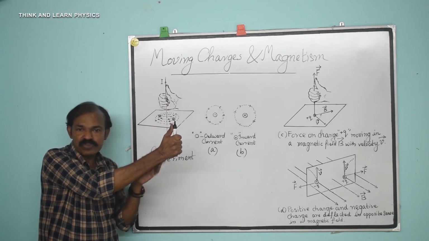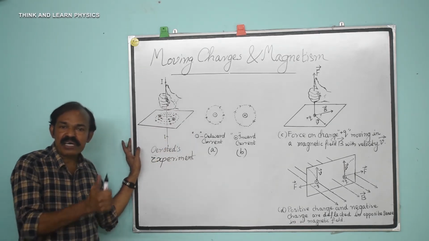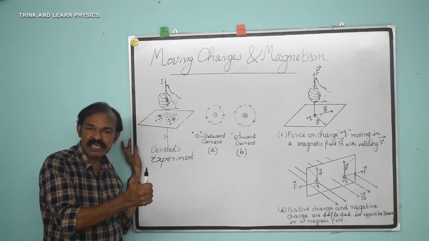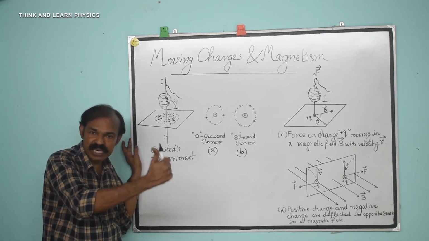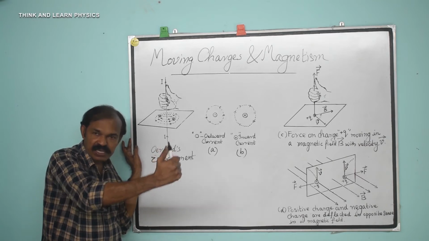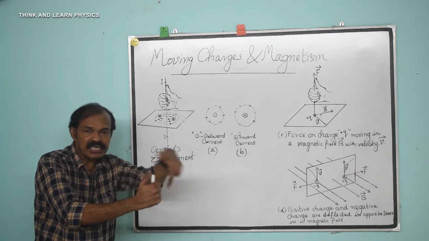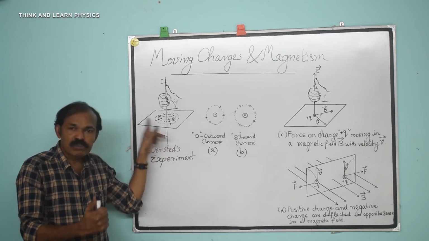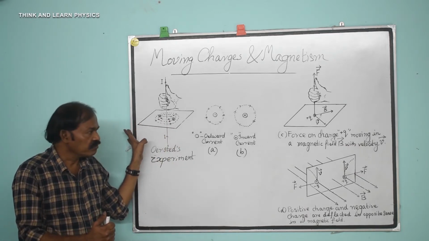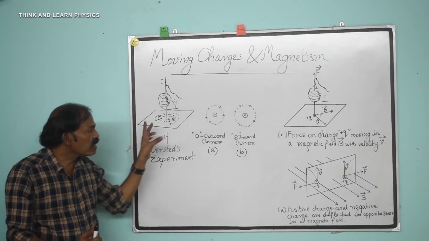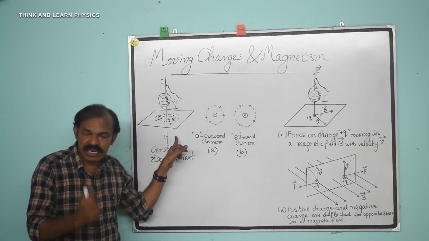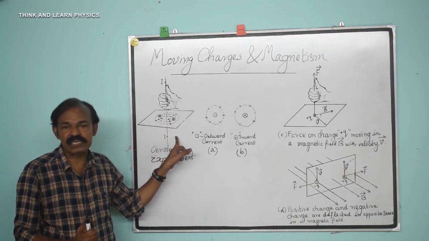That is a law. That means if a current carrying conductor is imagined to be held with the right hand such that the thumb gives the direction of the current, then the curled fingers give the direction of the magnetic field around the conductor. Now we know that the current is flow of electric charges.